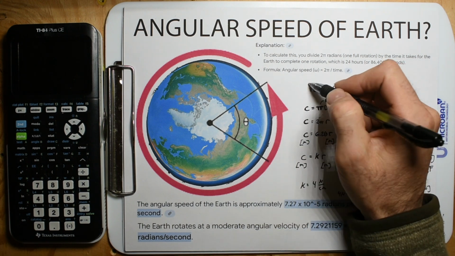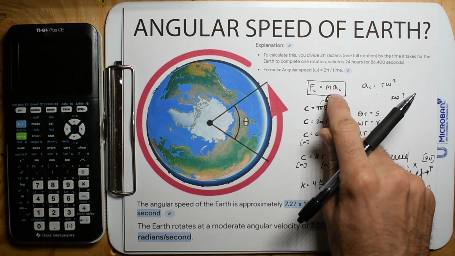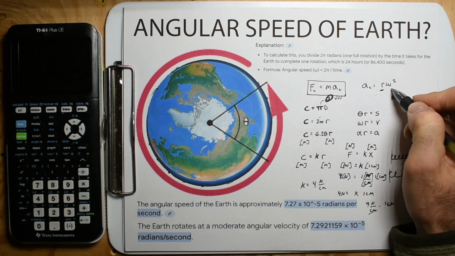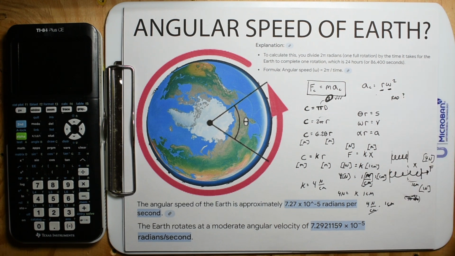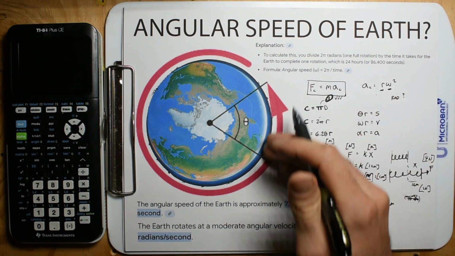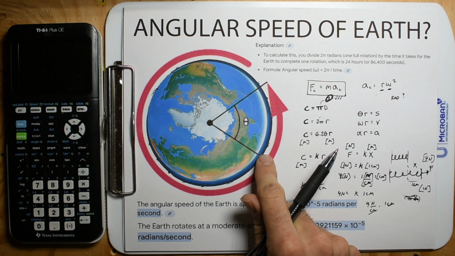We have this equation for centripetal force, and mass and acceleration. Acceleration is radius, and then we need our angular speed in radians per second. For this equation, we need angular speed, and we need to square it, and then we need to multiply it by the radius of the Earth.